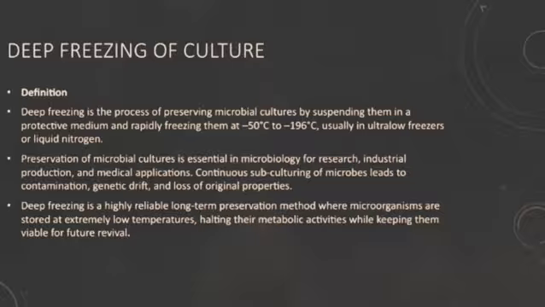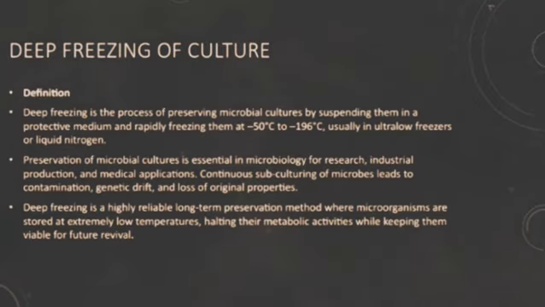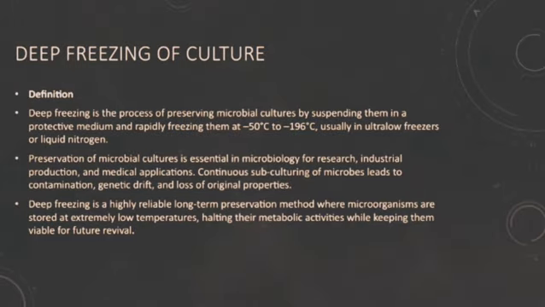And let's see deep freezing. Deep freezing preserves microbial cultures by rapidly freezing them at temperatures from minus 50 degrees Celsius to minus 196 degrees Celsius. This halts the metabolic activities of the microorganisms, keeping them dormant but viable for future use.